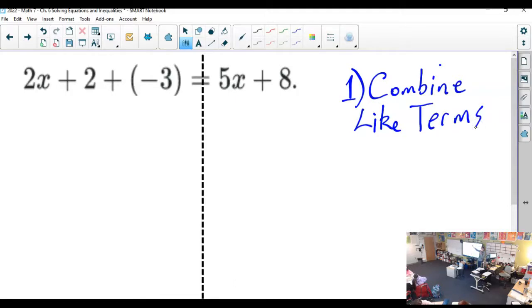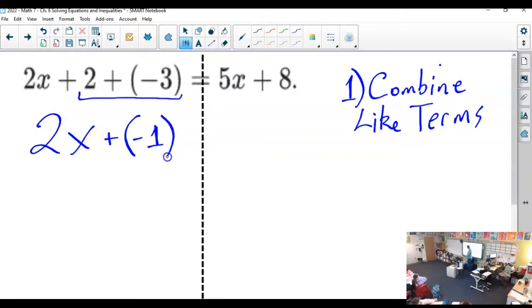So if you need to draw a dotted line on your paper, that might help you. So I combine 2 and -3, and what do I get? -1. So my left side is now 2x plus -1 equal to, do I have anything to combine over here? Nope.